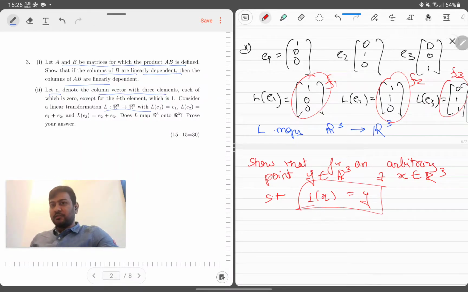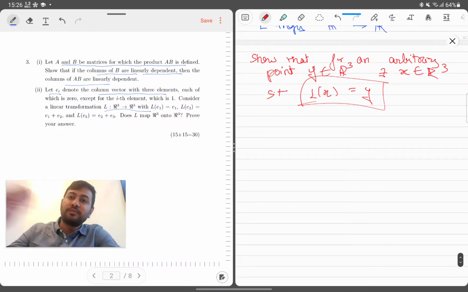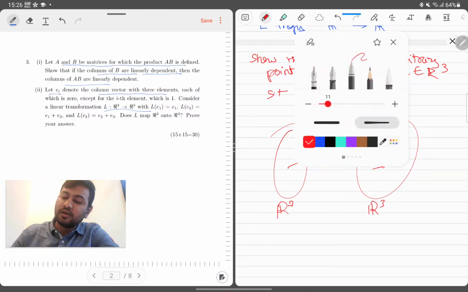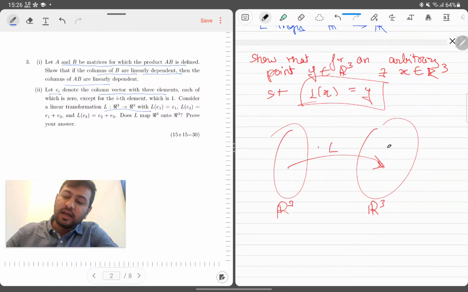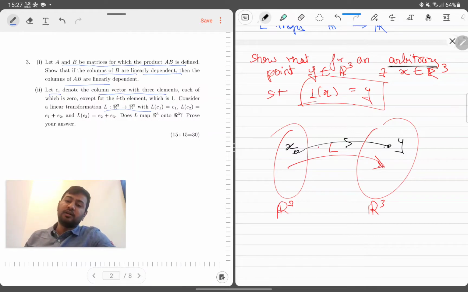So I'll start with some arbitrary point, and I can show that for this point there is a pre-image. This function L is taking points from R3 and mapping them into R3, right? So what I'm saying is take any point y and show that for this y there exists some x such that L of x is equal to y. When I do that for any arbitrary point, I have essentially shown that any point in R3 has a pre-image under L. So how do I show that?